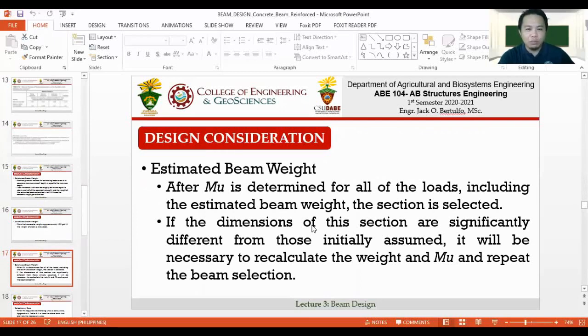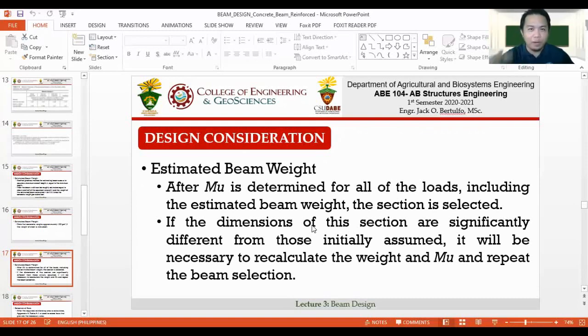So after Mu is determined for all of the loads, including the estimated beam weight, the section is selected. Okay, if the dimensions of this section are significantly different from those initially assumed, it will be necessary to recalculate the weight and Mu and repeat the beam selection.